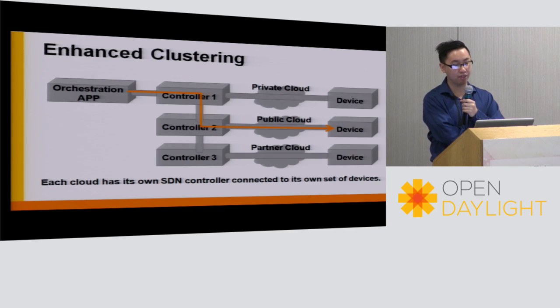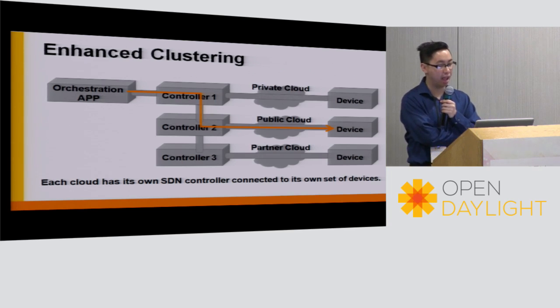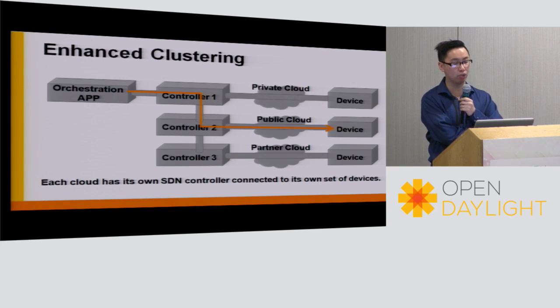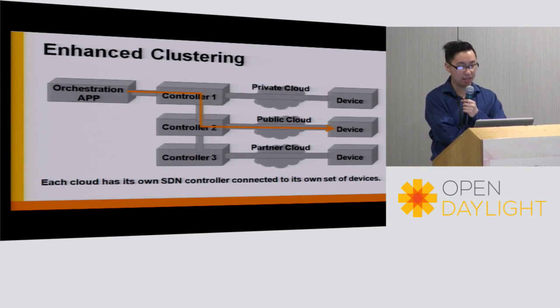And then you may have devices connected to a partner cloud through controller 3. And controller 1, 2, and 3 are connected through clustering. So in this scenario, you have one single orchestration app, and it doesn't really know if these devices are connected to private cloud, public cloud, or partner cloud. And you don't know if it's being managed by controller 1, controller 2, or controller 3.